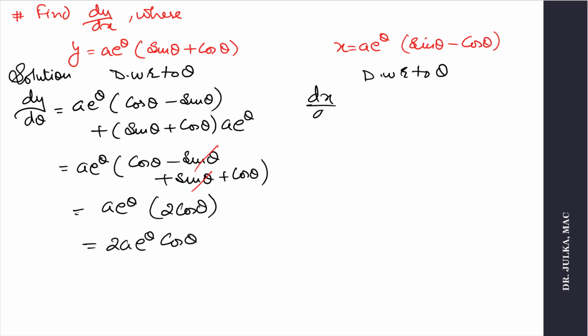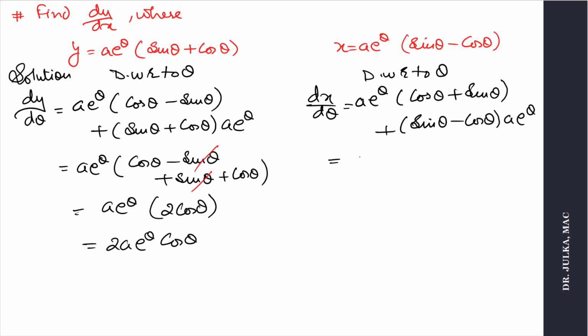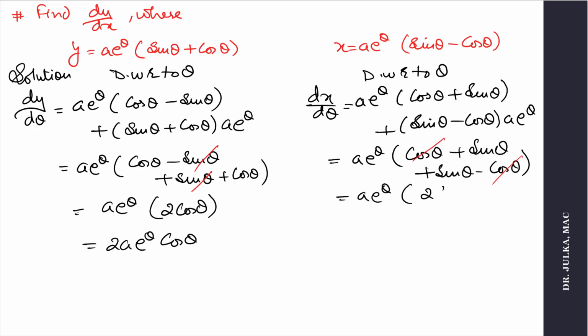When we differentiate x with respect to theta we'll get dx by d theta. In the right hand side we'll get a into e raised to the power theta as it is, and the derivative of sin is cos and the derivative of cos is minus sin, plus second function as it is and the derivative of first is a into e raised to the power theta. After simplification we will get a into e raised to the power theta multiplied by 2 sin theta.